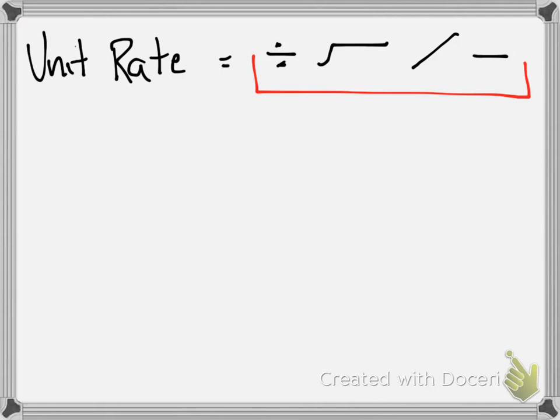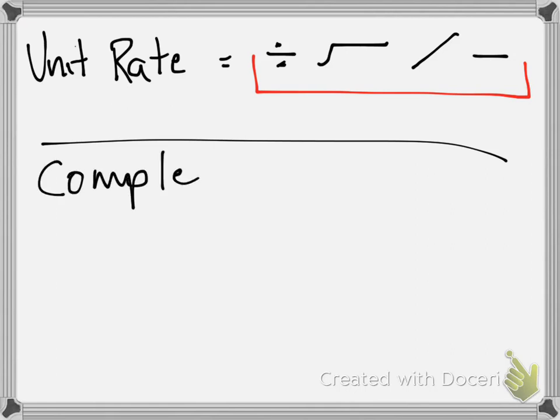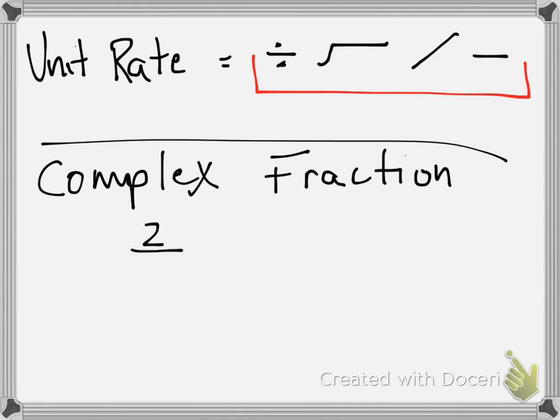When we get into fractions and unit rates, we're going to see something called complex fractions. A complex fraction is a fraction inside a fraction. Whoa, check it out. Alright, here's our fraction, 2/3, but now I'm going to put it over 7.